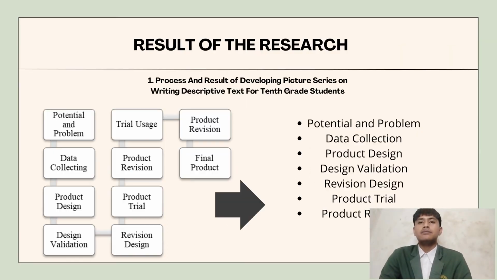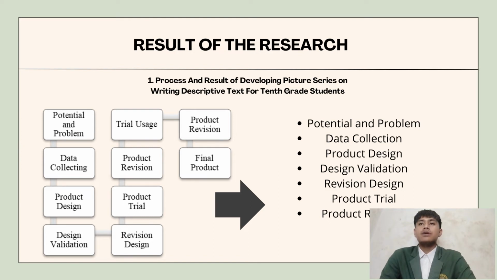Next slide. The process and result of developing picture series on writing descriptive text using Canva for 10th grade student. First one, potential and problem. This part of the research began with an interview with the English teacher of class 10.